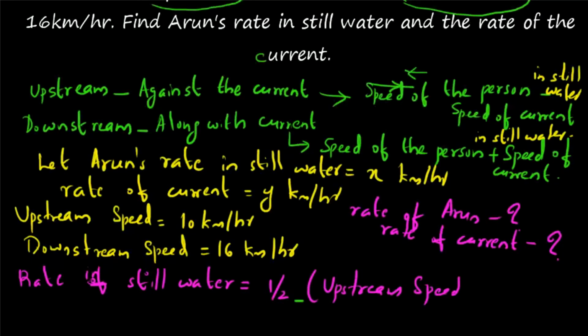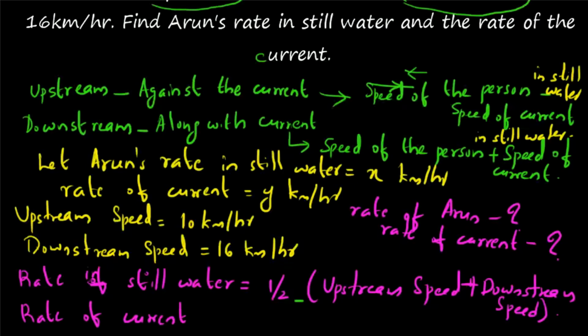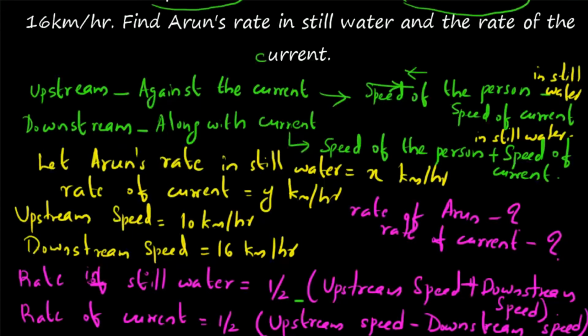How did we get that equation? I'll show you how we got that equation. So first let me write the equation, let me complete it. And rate of current or rate of stream, it will be equal to half into upstream speed minus downstream speed. So what is actually upstream speed? Upstream speed will be equal to x minus y.